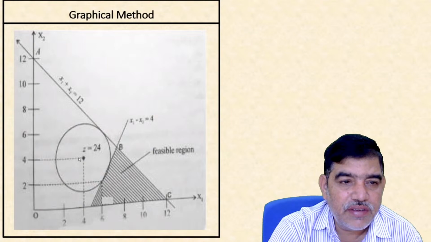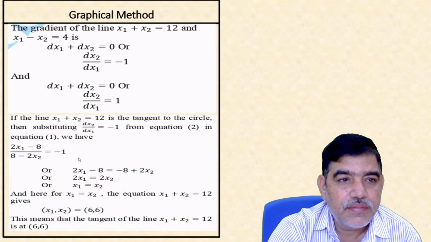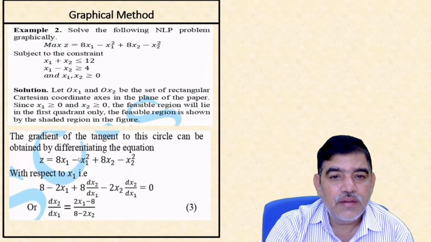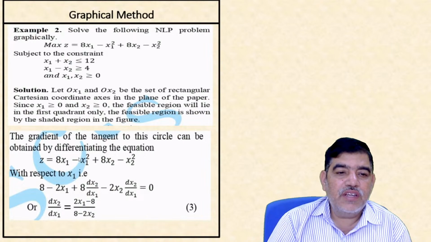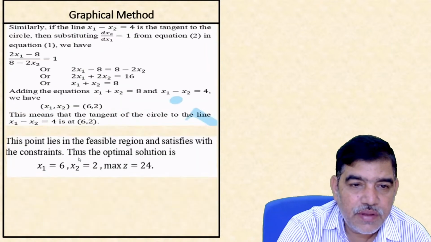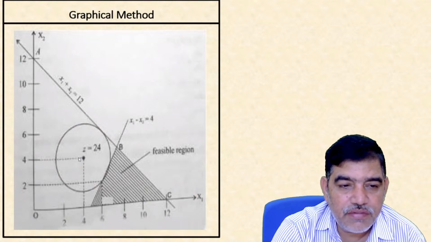And this is the figure actually. The feasible region is shown by the shaded region in the figure that I have mentioned in the graph.